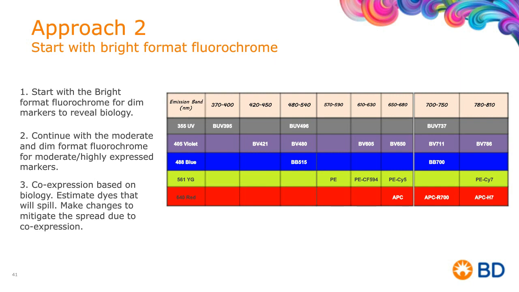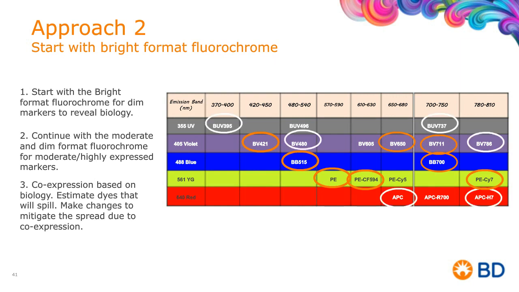And from that setup, then we go to the moderate ones. Now the moderate colors are circled. So we go through this process back and forth to get to a point where finally we start to look at co-expression patterns.